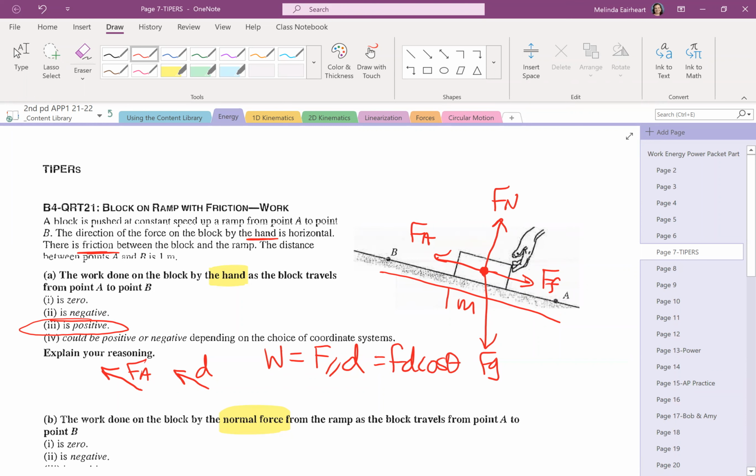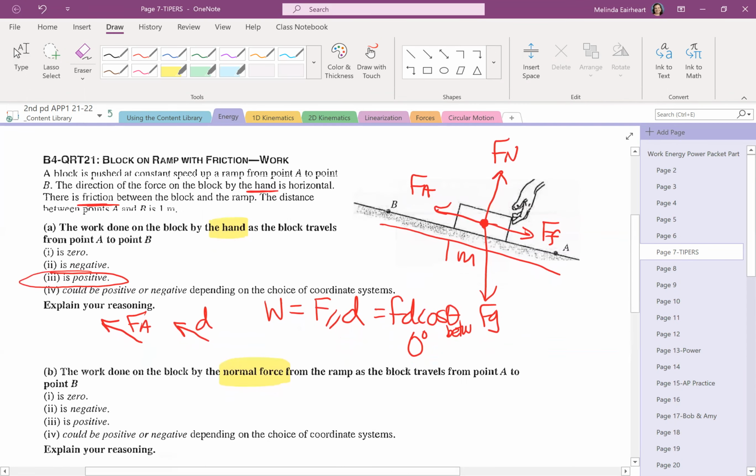Because in this equation, that angle is not the ramp angle, it's that separation between your force and distance. And so up the ramp has what angle separation? 0. And so cosine 0, either way you look at it, you should end up with a positive answer, okay?